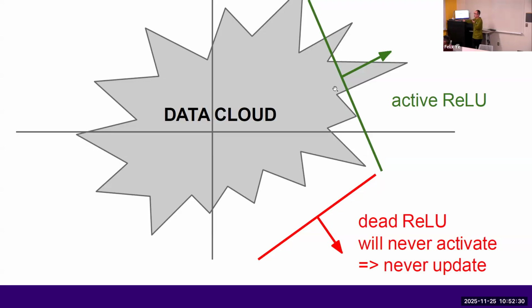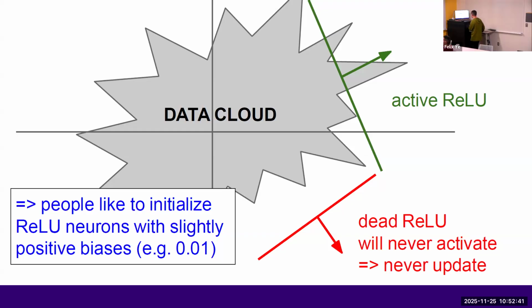At least for some data points you can get a positive component. But this is really bad, right? So everything is just gone. So if we really want to work with ReLU, we want to initialize the neuron with slightly positive biases. That means we can hope at least some neurons get activated, right? So you don't want to have dead neurons.